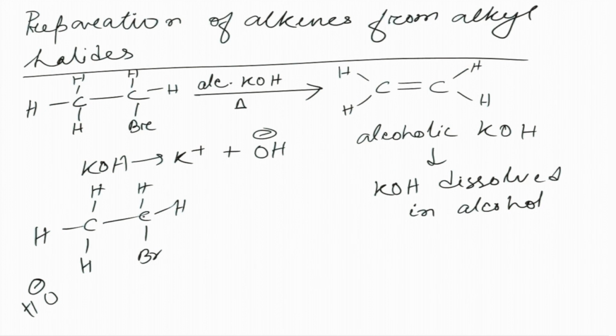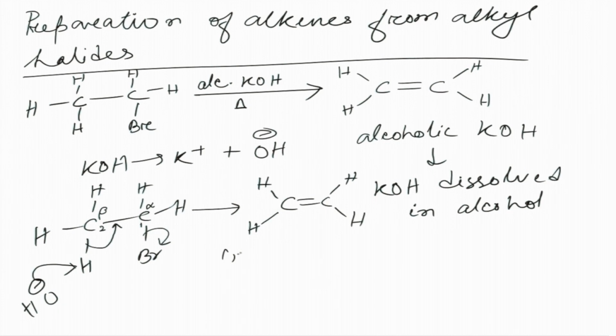This is bromine, so the carbon attached to bromine is the alpha carbon and the adjacent carbon is the beta carbon, or if this is 1 then this is 2. It will take up this hydrogen, this bond will break and a double bond will be formed, and bromine will be eliminated. So, ethene is formed.